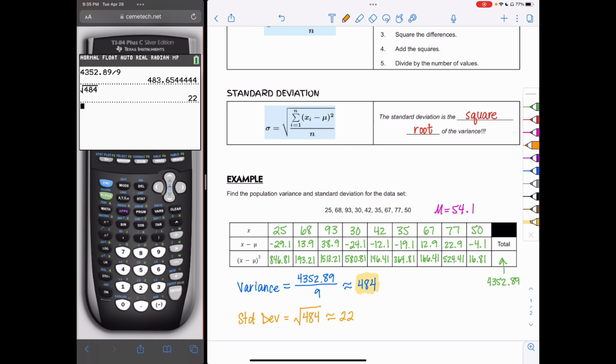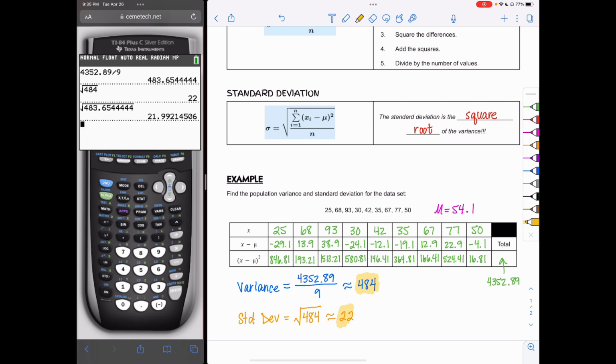Okay. If you wanted to, you could have actually taken the square root of the raw form, and if you would have done that, that would have been the square root of 483.65444444, and then you will see that in 3 sig fig it will have still rounded to about 22.